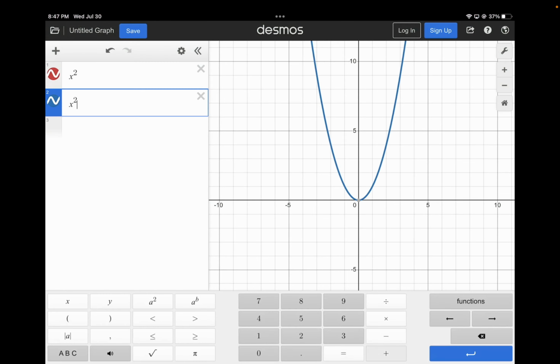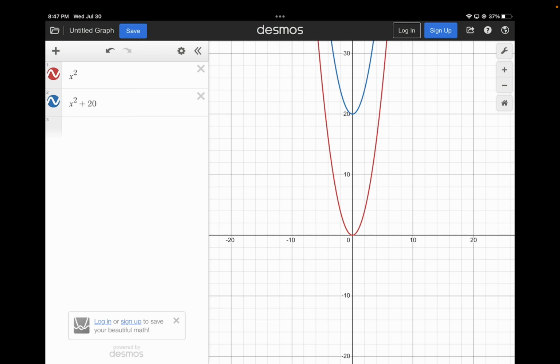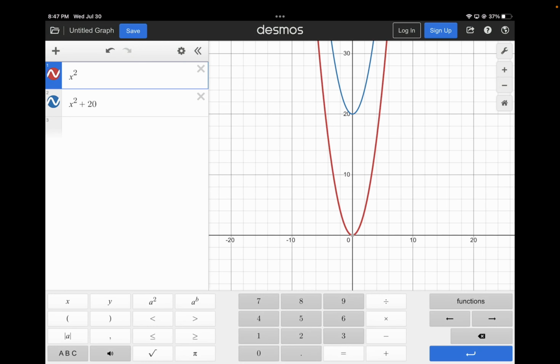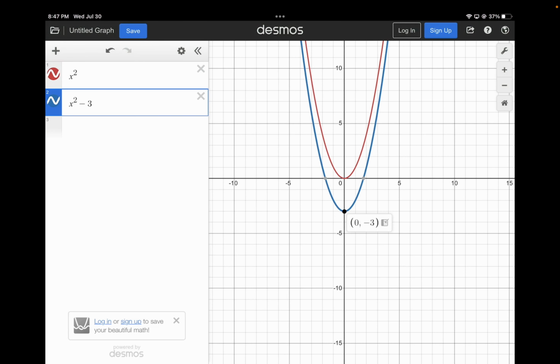So if I said plus 20, it's going to go upward 20, right? You can see this is the vertex point right here at 20, and f of x is at 0 because it's plus nothing, right? So any number that does that is going to shift it upward or downward. So if I put minus 3 again, it's going to shift it down. So the vertex is at 0, minus 3.